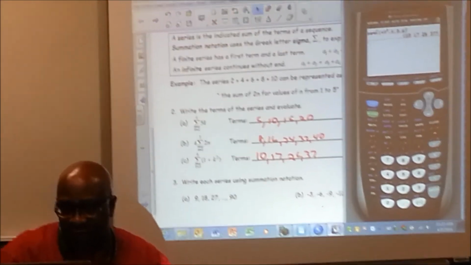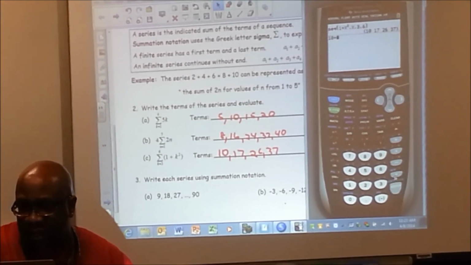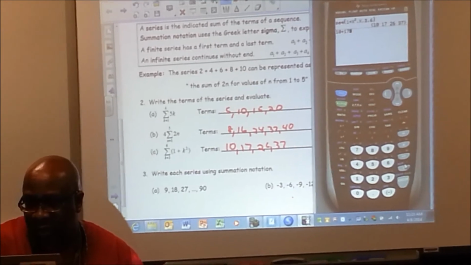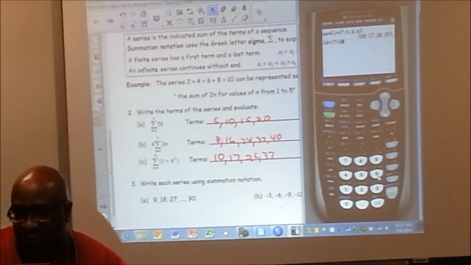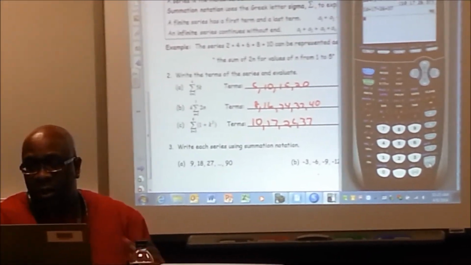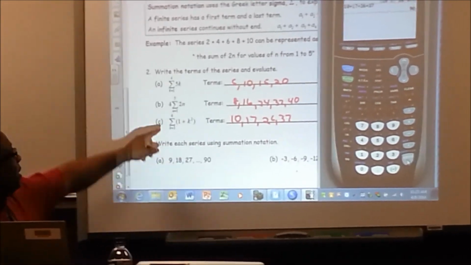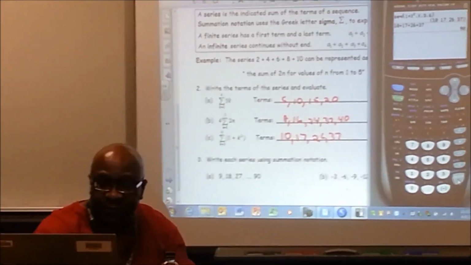Let's just add those up really quick here. 10 plus 17 plus 26 plus 37, and that equals 90. Let's use our summation formula and see if this equals 90.